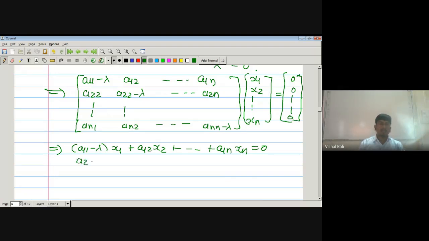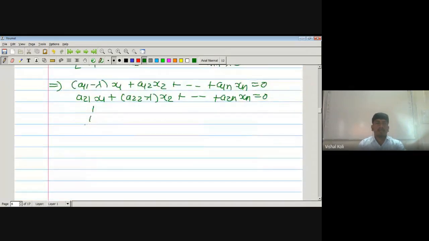Similarly a21 x1 plus a22 minus lambda x2 plus up to a2n xn, which is equal to 0, and so on, we get an1 x1 plus an2 x2 plus up to ann minus lambda into xn is equal to 0.